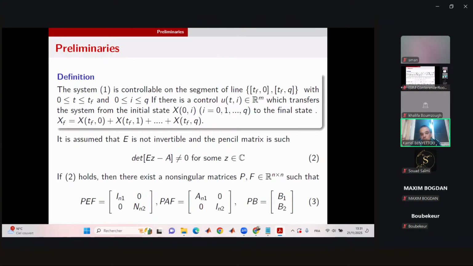First, of course, we must introduce the concept of controllability in the case of two-dimensional systems, more precisely for a hybrid case.